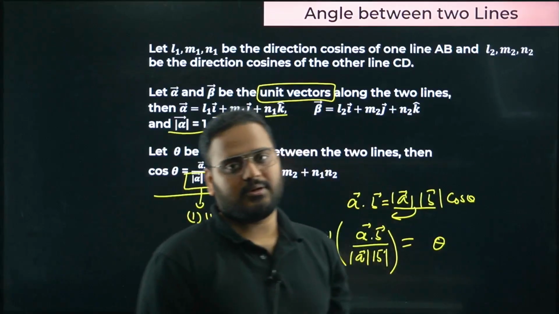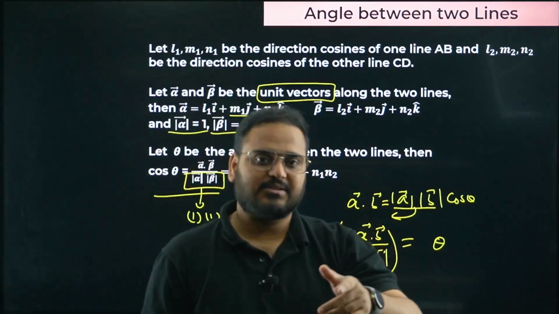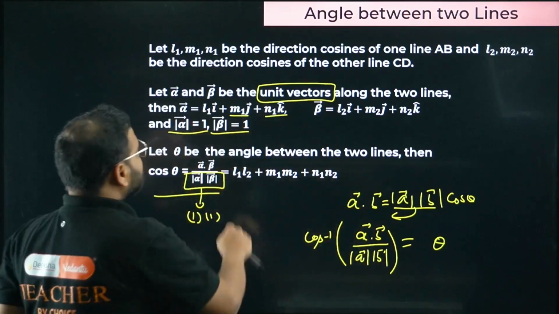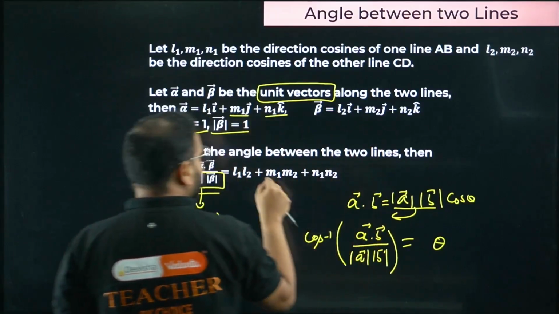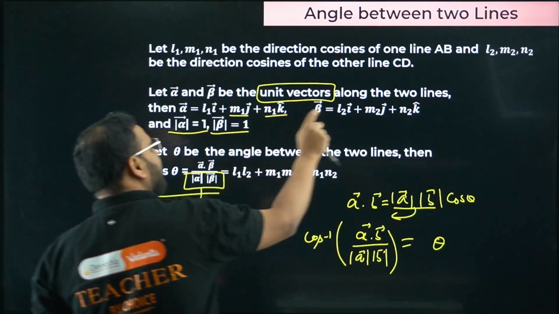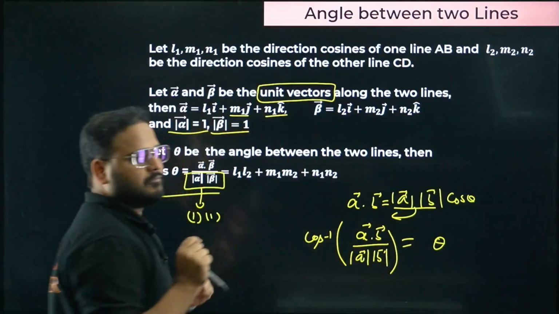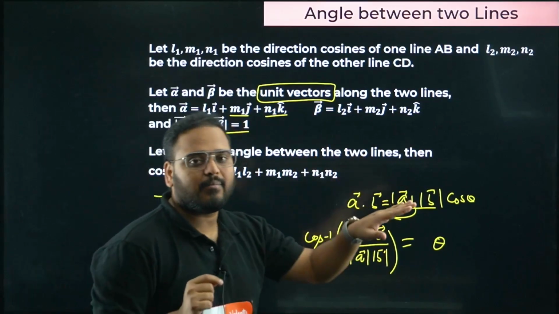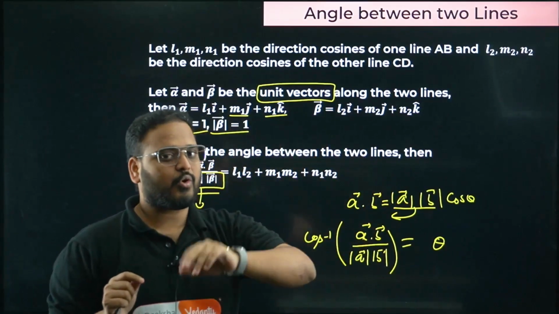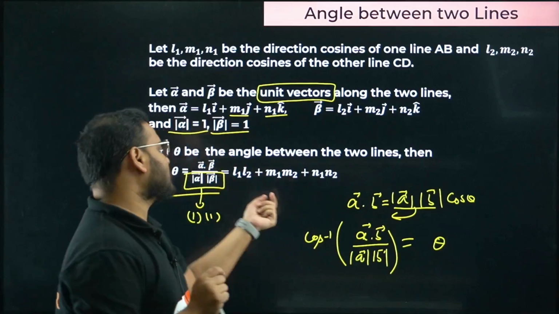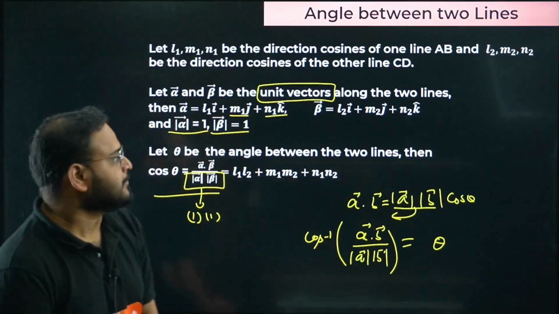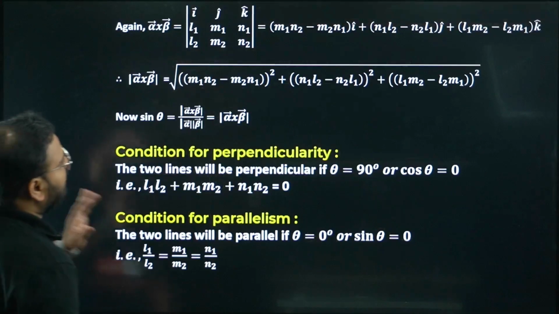That will come as 0, because cos 90 makes it 0. Same way, M1 j and M2 j will become M1 M2, and N1 k and N2 k will become N1 N2. Why, sir? Because j dot j is j j cos 0, which is 1. That's why there is no j left. So this is your answer.